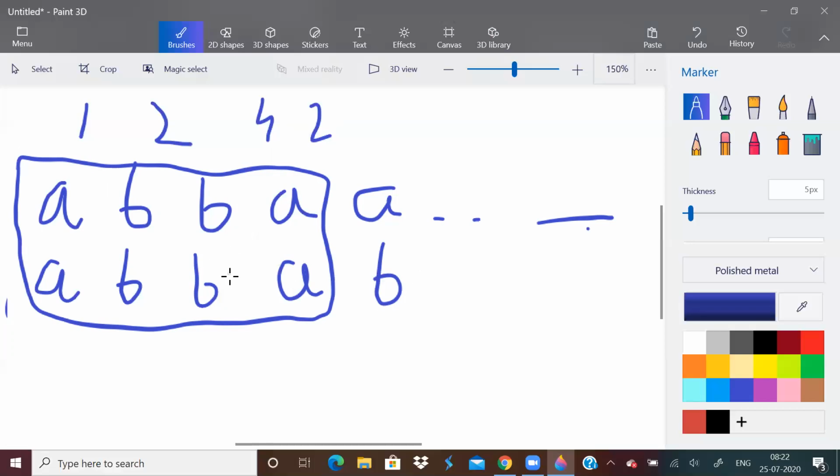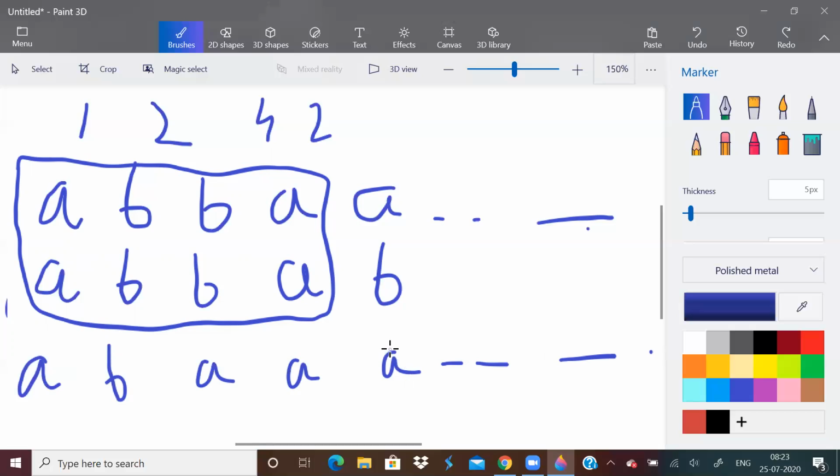Now between the fourth string and the fifth string, what should we do? We have to make the longest common prefix 2. So the fifth string will be A, B. It cannot be B again, so let us make it A, like that, or B, whatever.